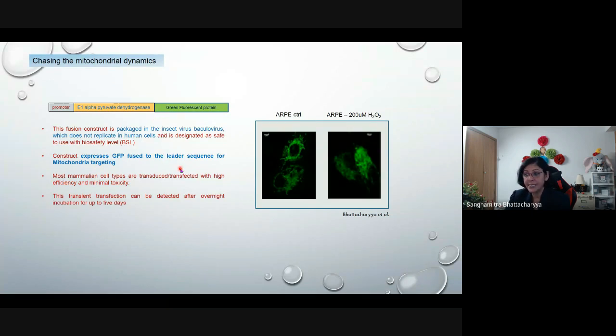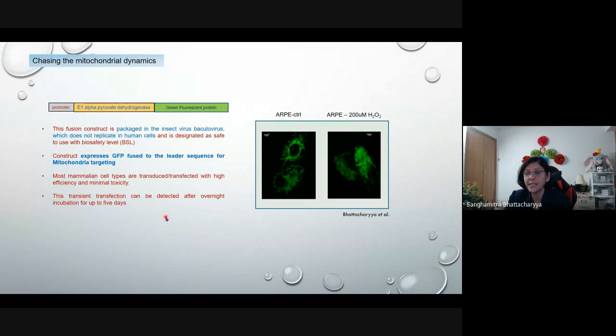Most mammalian cell types are transfected with high efficiency, and even though we use a viral mode of delivery, it's not toxic to the cell. And this transient transfection can be detected after overnight incubation for up to 5 days.